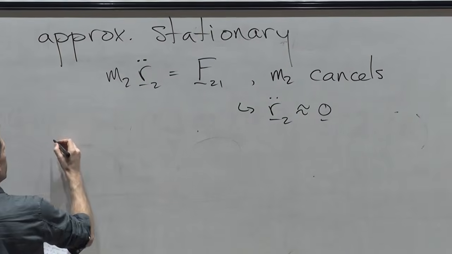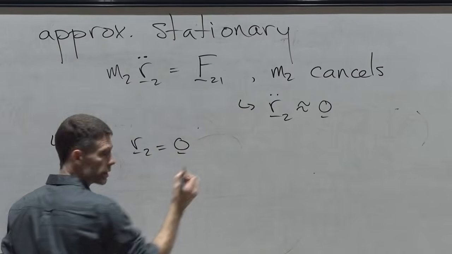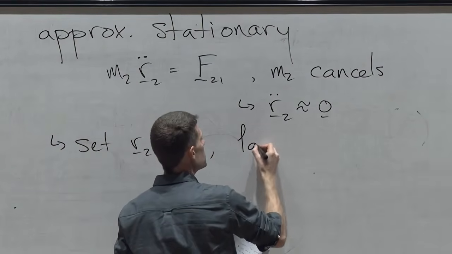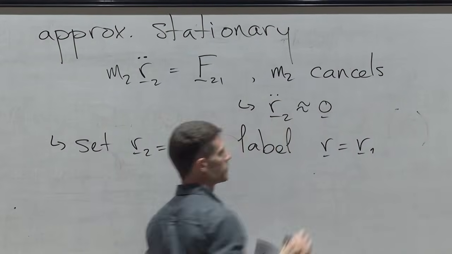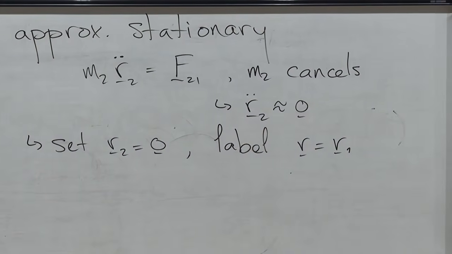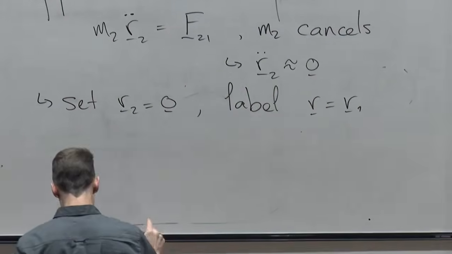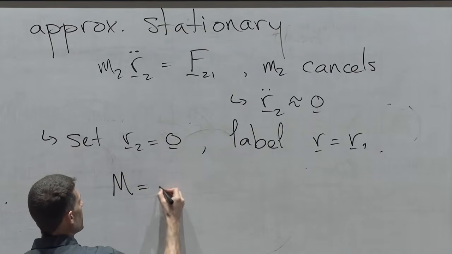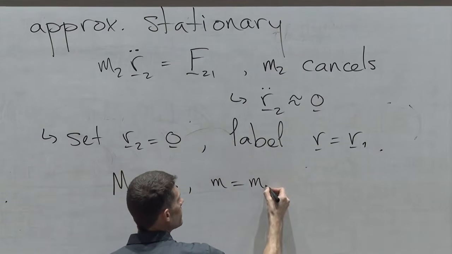So what we can do in that case is set r2 to be the origin, and then I can relabel. I don't need the subscript now, I just have r1, so let's just call its position vector r, and let's define capital M to be m2, and I'll use little m for m1.